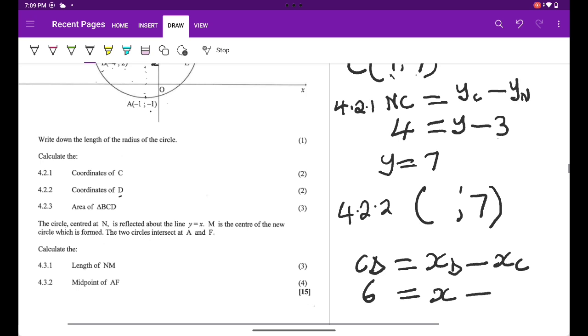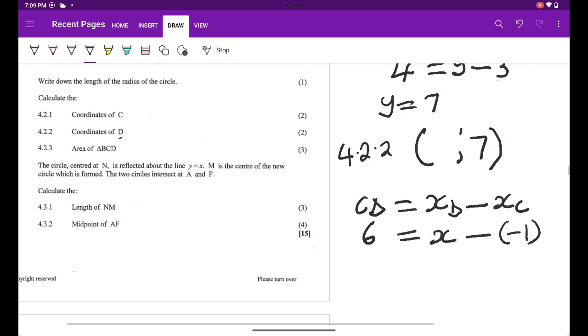So we are going to subtract a -1. Right. So it means this is x plus 1. So the plus 1, when it comes this side, it will be a -1. So it means that the x will be 6 minus 1, which is 5. So the coordinates of D are 5 and 7.